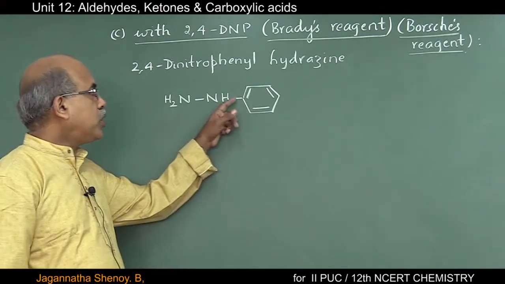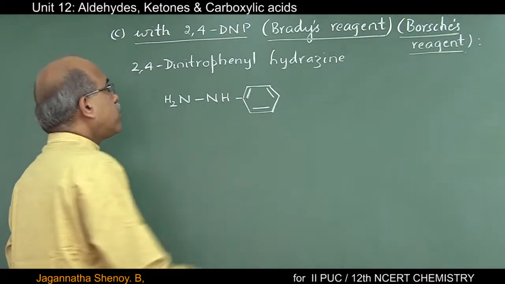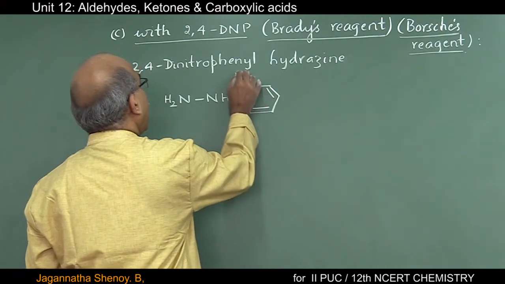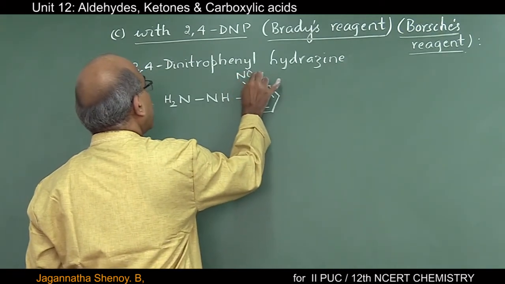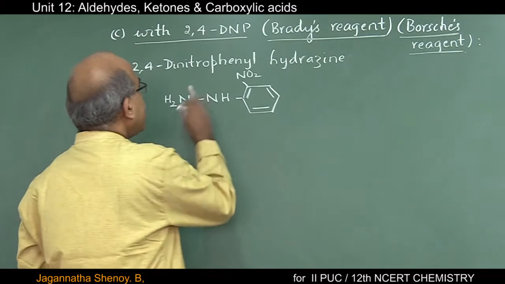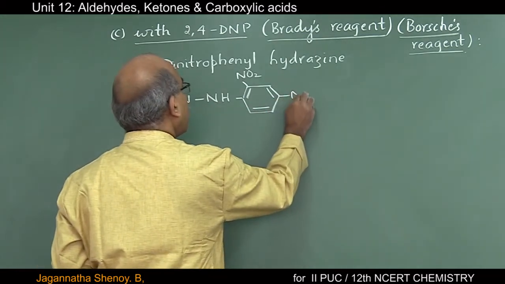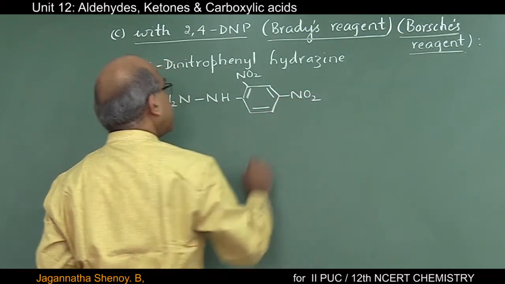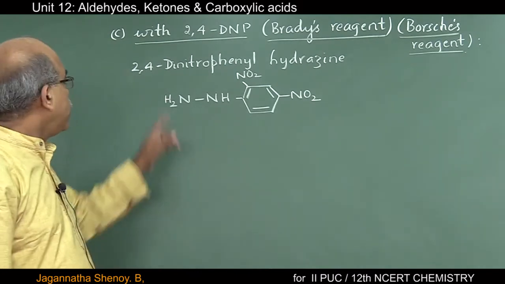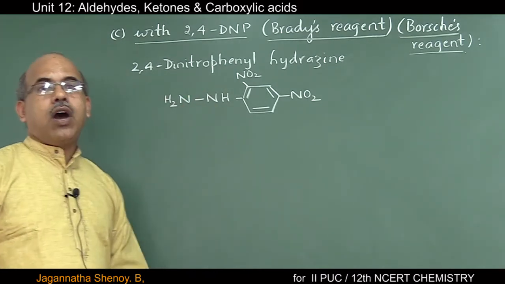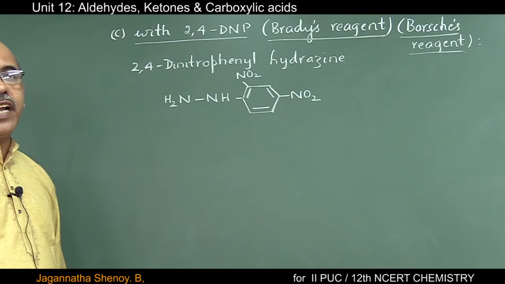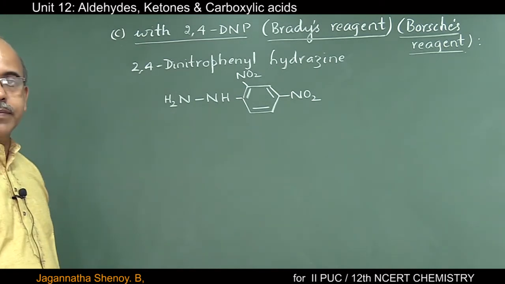So this is position number 1. This will be position number 2, on which we have an NO2 group, and you will have one more NO2 group at position number 4. So this is the structure of 2,4-dinitrophenylhydrazine.